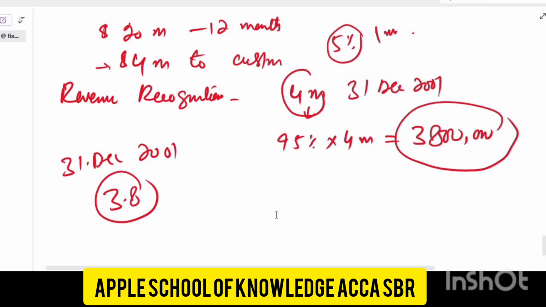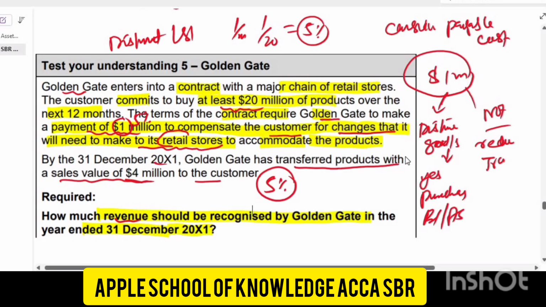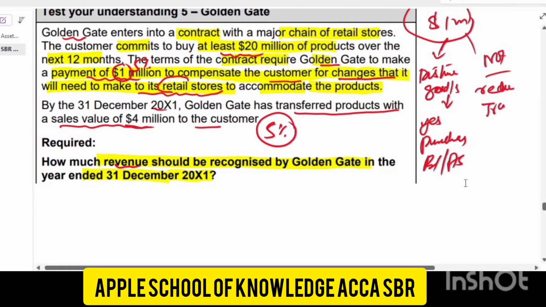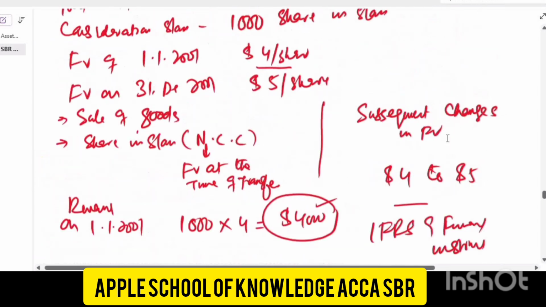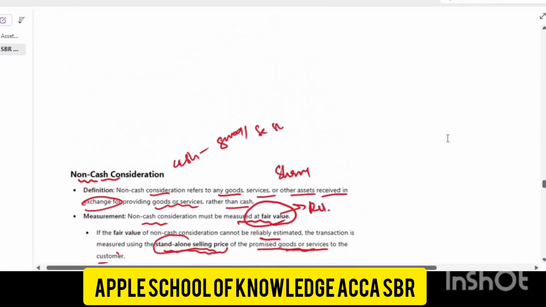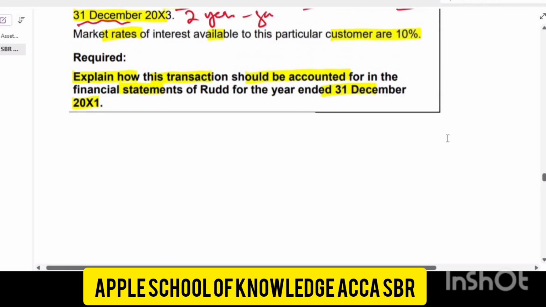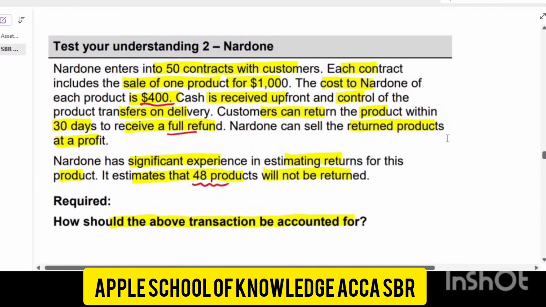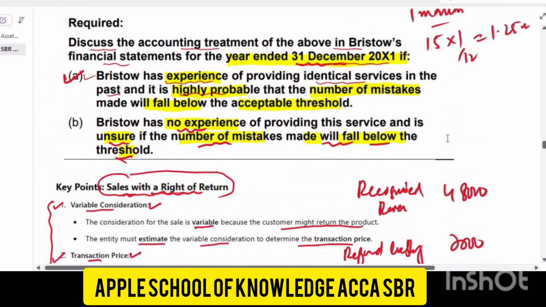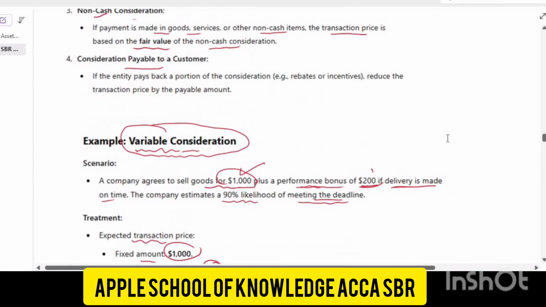I hope you understand. You have understood the 4 different scenarios, the 4 factors that you have to consider when determining the transaction price. Okay, I think what we have done till now, where is it? Here.